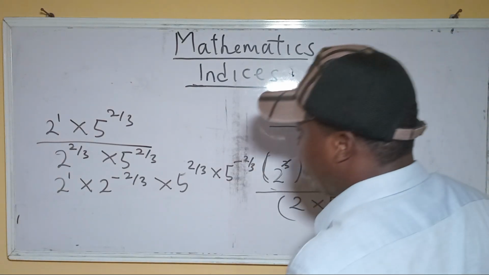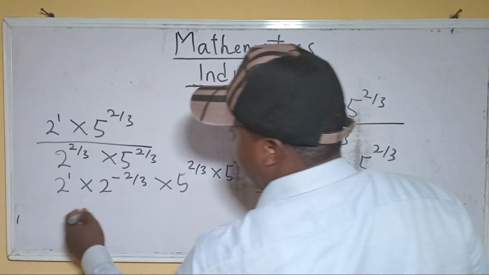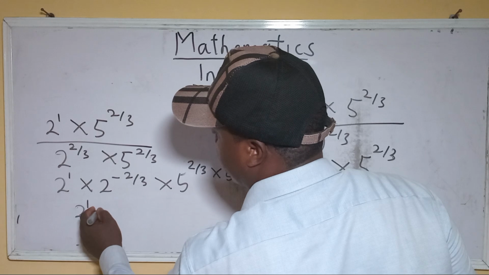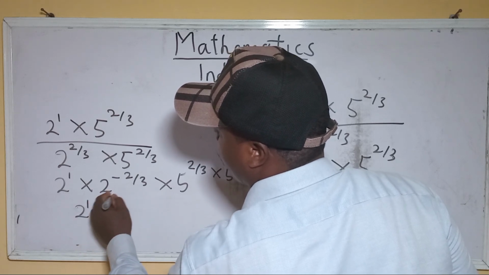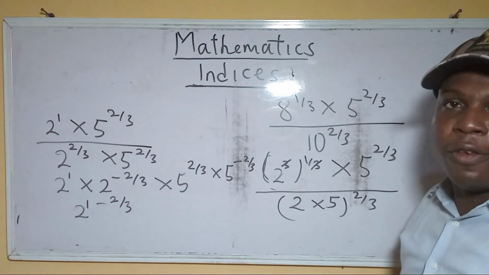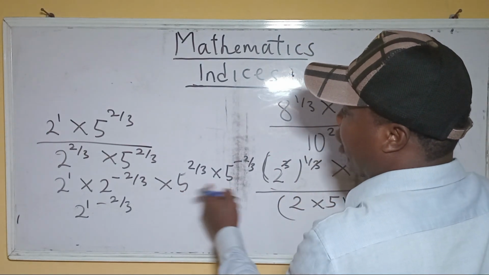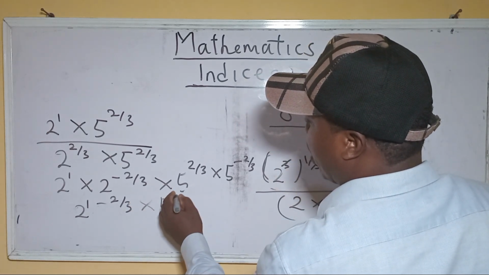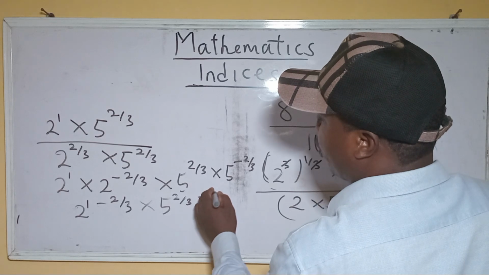Since we are following the law, for the 2 I have 2 raised to power 1 minus 2/3. Then followed by the 5, the first law, since we have the same base, I will have 5 raised to power 2/3 minus 2/3.